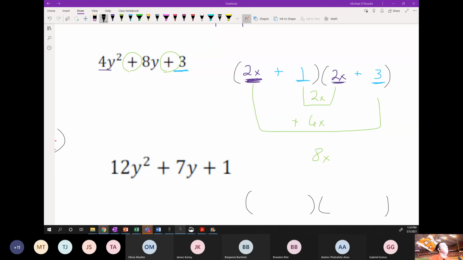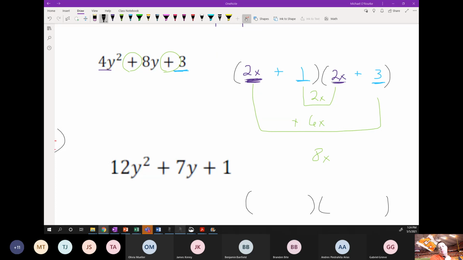Brandon think he has it? Put an N in the chat if you haven't started it, as in you're not quite sure how to start it.